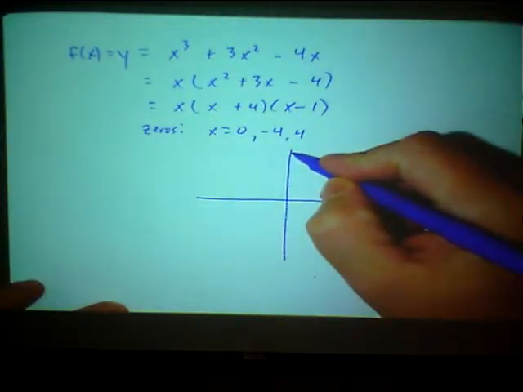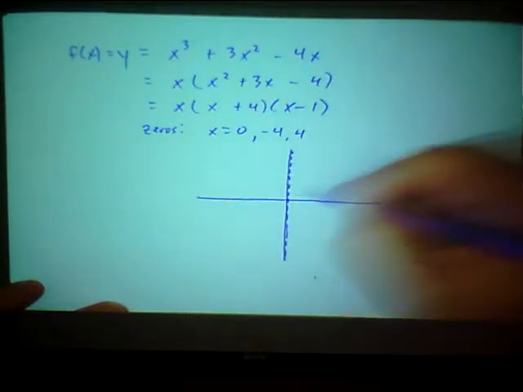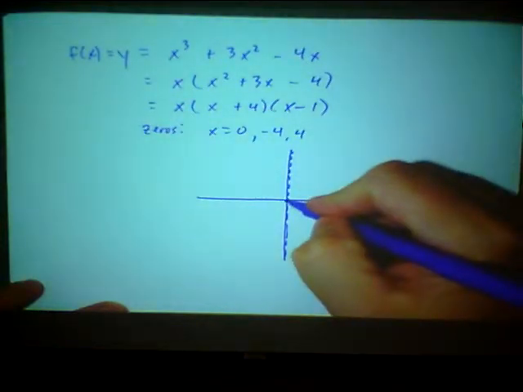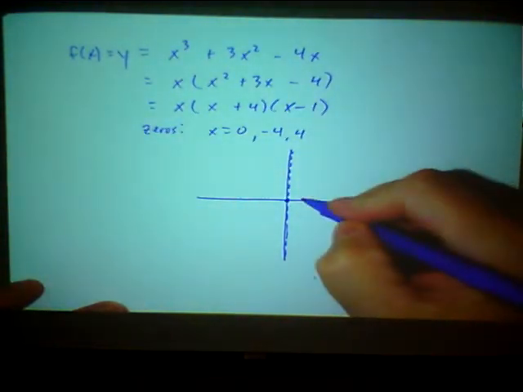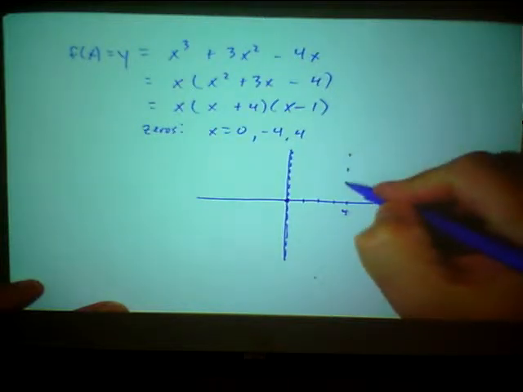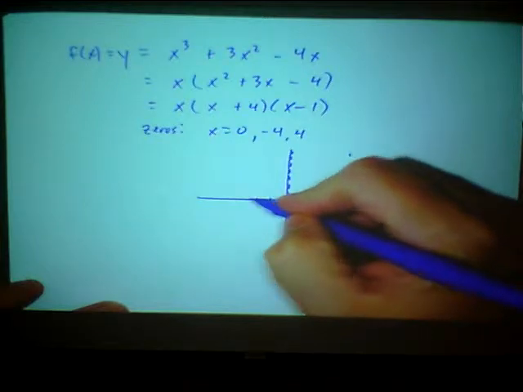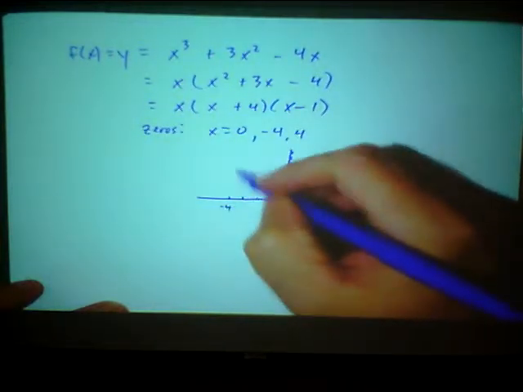So let me designate, here's my 0. I know my graph's going to go through this point right here, and then here's 4. So that's another boundary. And there's minus 4.